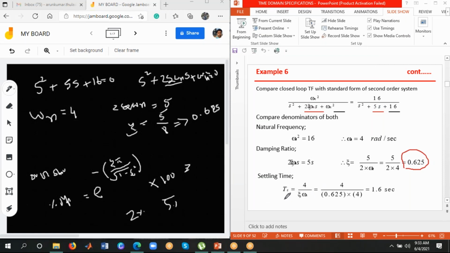Here the settling time was given: Ts equals 40. So 40 for what percentage? Does 40 come for 2% or 5%? For what percentage are we getting the settling time of 40?